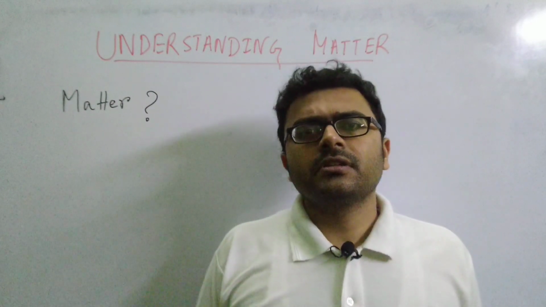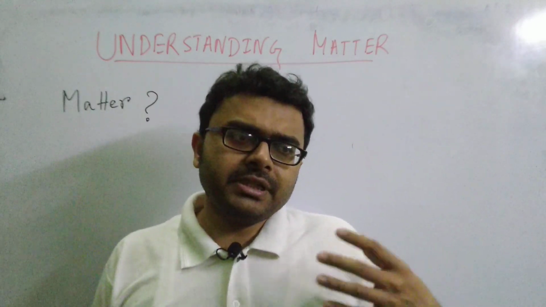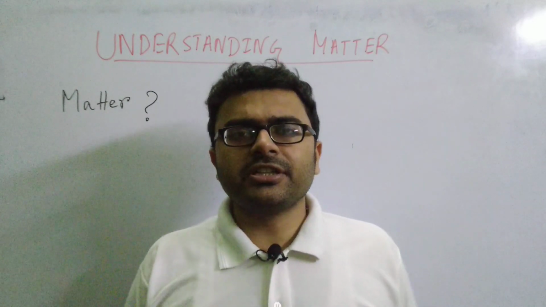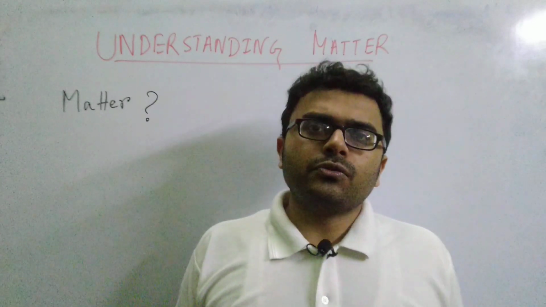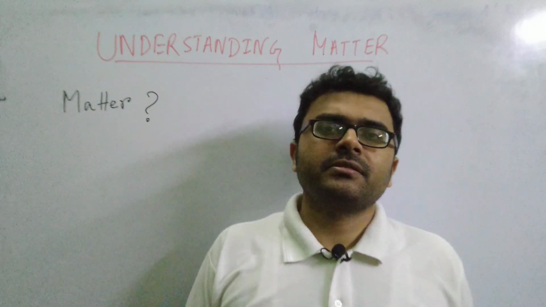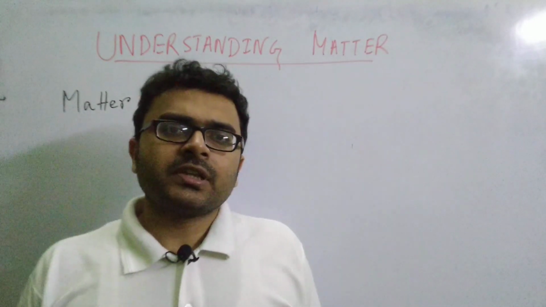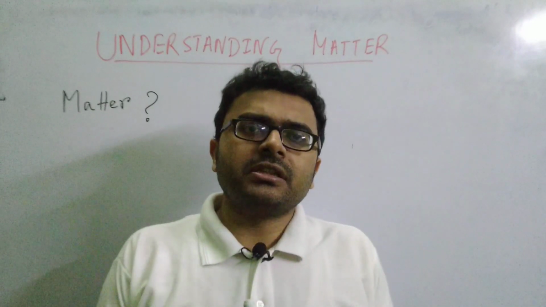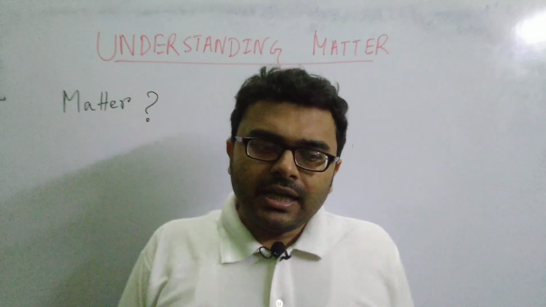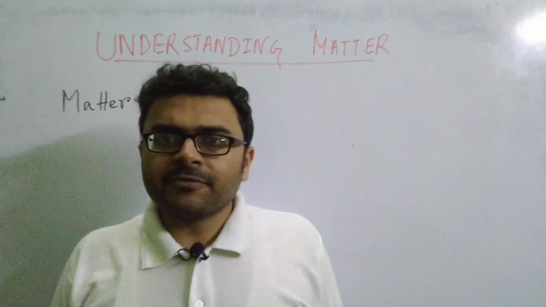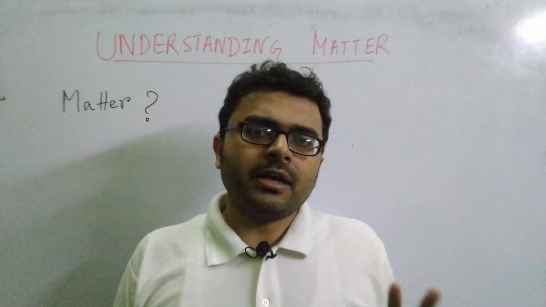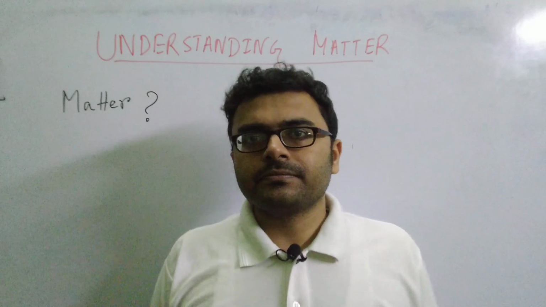In a very simple language, matter can be defined as anything. If you consider any matter, like a chair, table, or we ourselves, or any other living organisms, trees, cows, anything, we all occupy a certain space, that is, we have a certain volume. And the second important thing is that all these things that you see around yourself have certain mass in them.